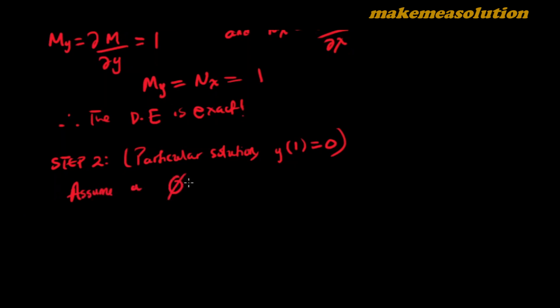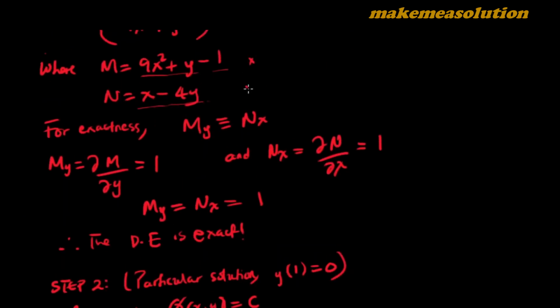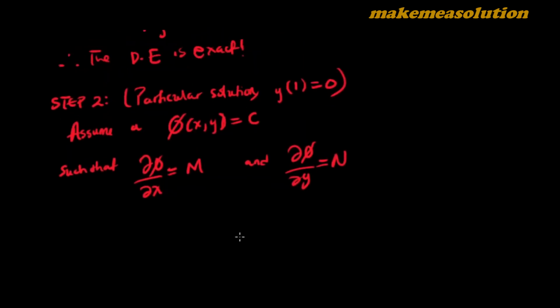a phi of x comma y equal to some arbitrary constant c, such that the partial derivative of phi with respect to x is m, and the partial derivative of phi with respect to y is n. Okay, m and n are the same ones we have over here. So this arbitrary function that we are assuming should satisfy that whenever you differentiate it with respect to x partially, you get m, and differentiate it with respect to y, you get n.